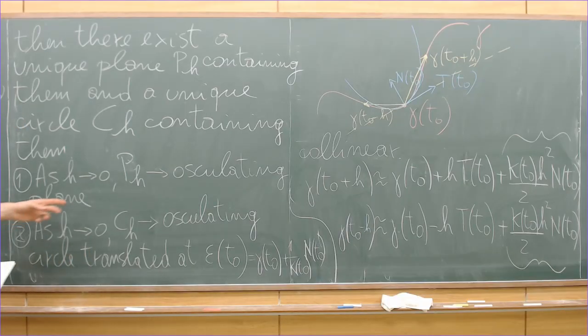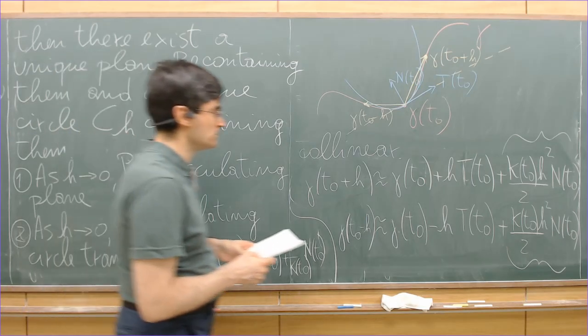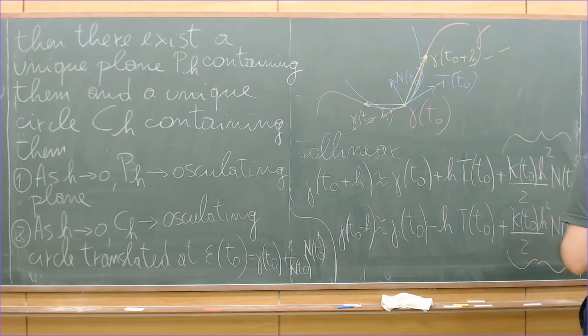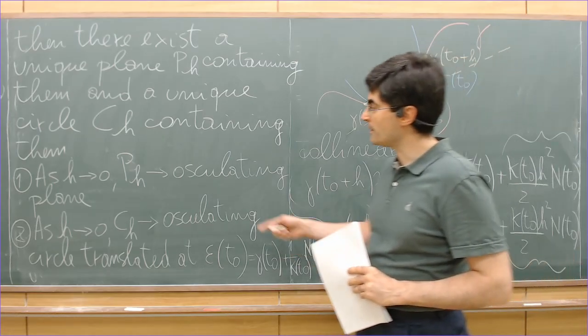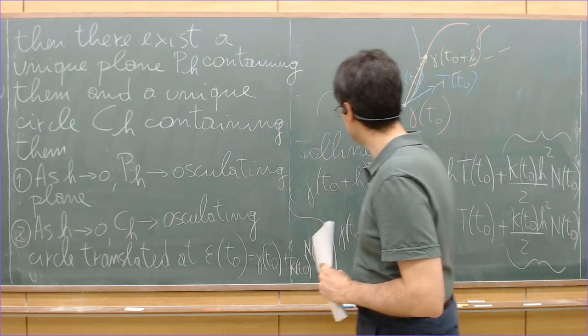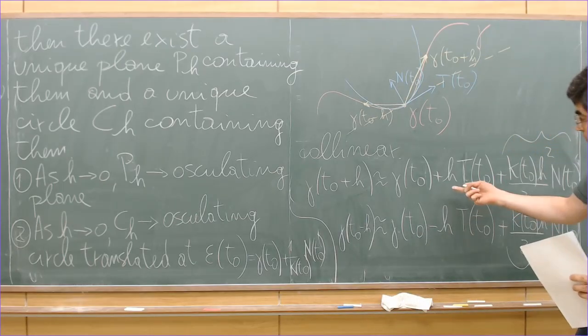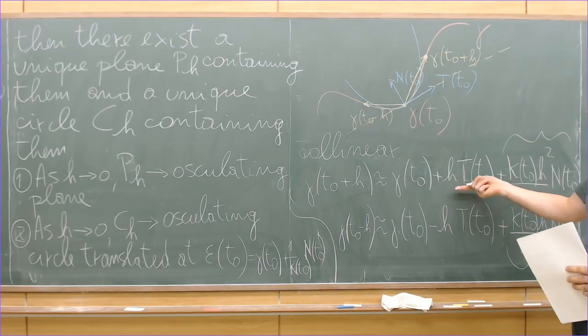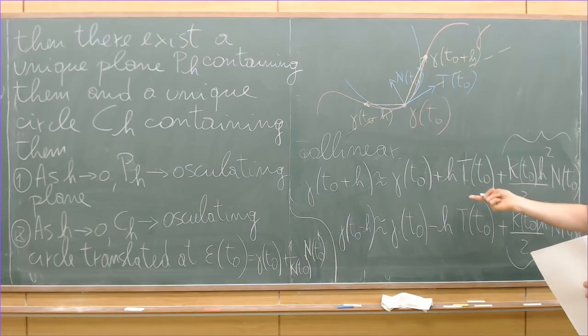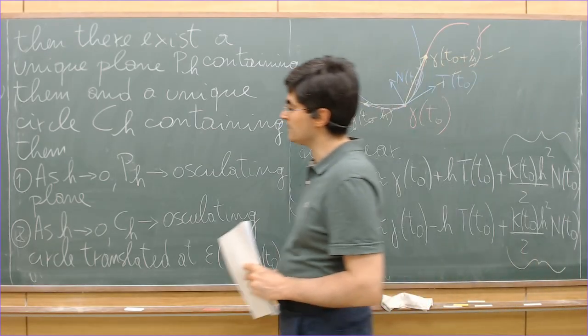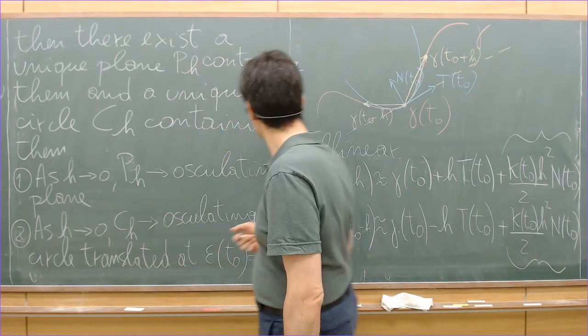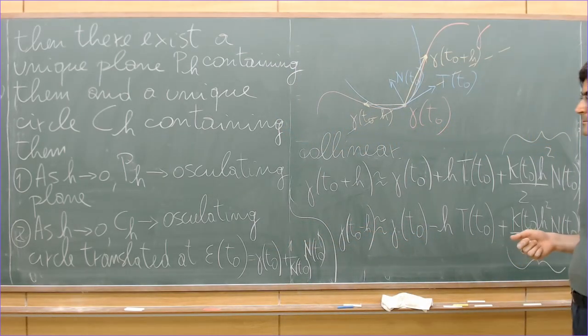Okay, how to prove one? One is essentially immediate because we have to use this Taylor polynomial, and just let h tend to 0. So what happens?